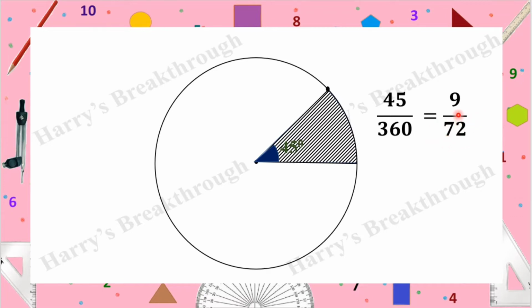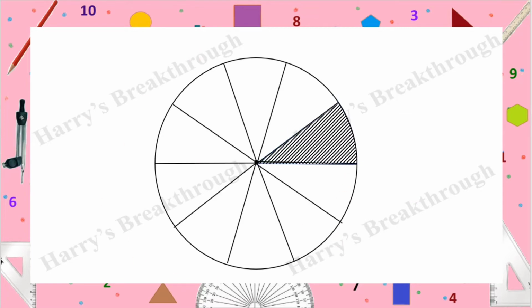Again, we can divide this 9 by 72 using 9, right? So if we divide 9 by 9, we will get 1, and 72 by 9, we will get 8. So the corresponding fraction is 1 by 8. That means this 45 degrees is 1 by 8th part of this whole circle.